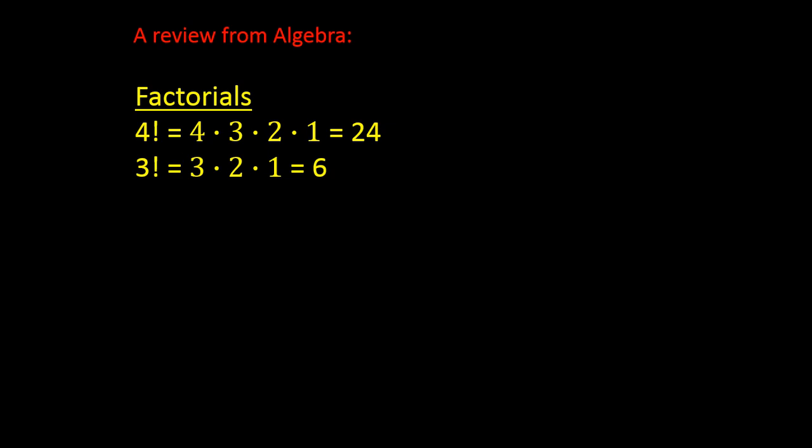So 3 factorial would just be 3 times 2 times 1, or 6. 2 factorial is 2 times 1, or 2. 1 factorial is just 1, and here's the tricky one. 0 factorial is defined to be 1. That's a little surprising. 0 factorial is not 0. 0 factorial is equal to 1.